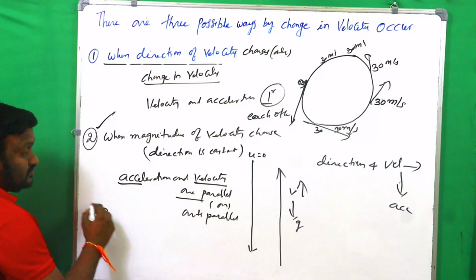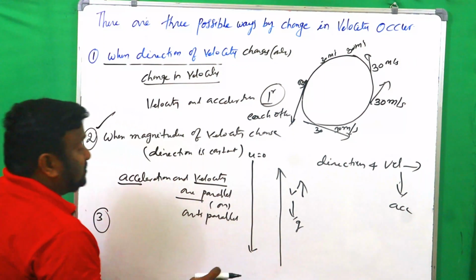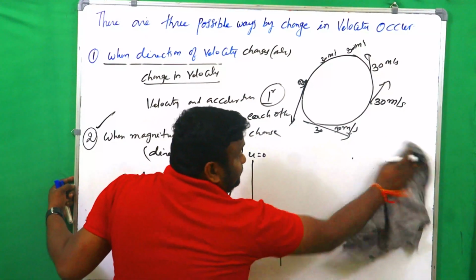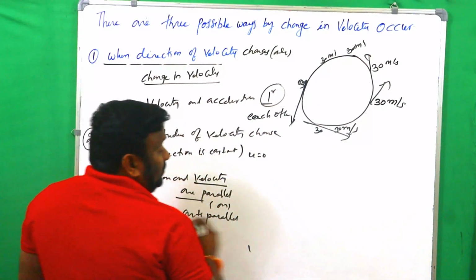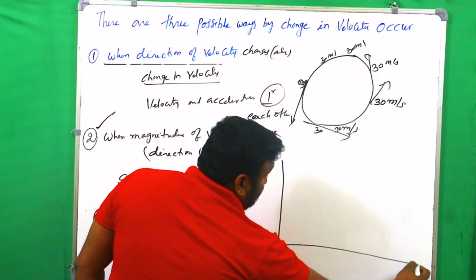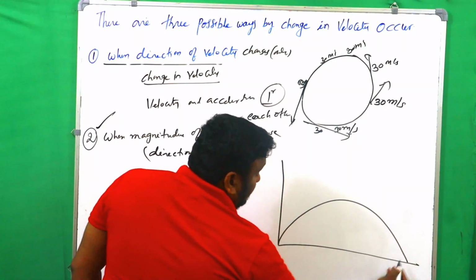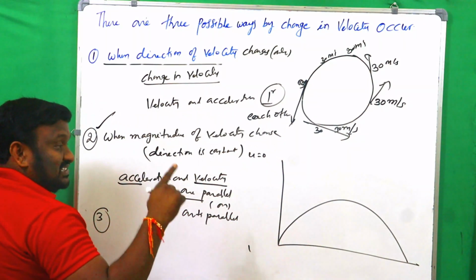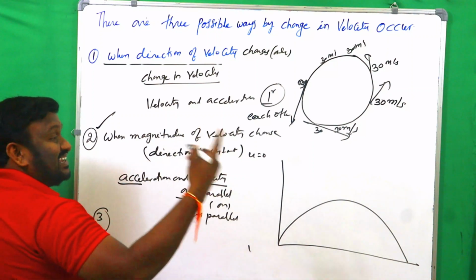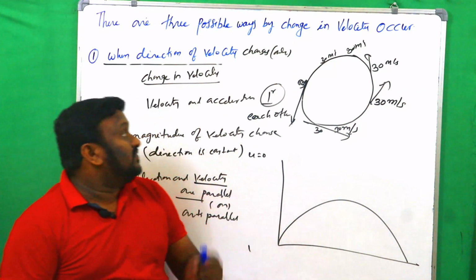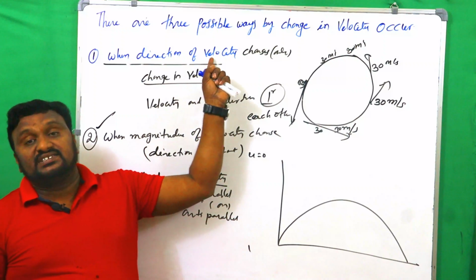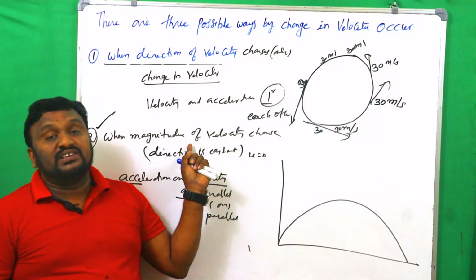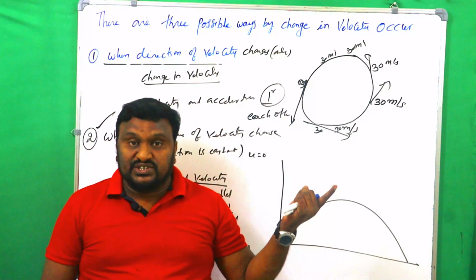And the third one, in case of projectile motion of a body, in this case the velocity magnitude changes and the direction also changes. For the first time, what we considered was only direction changes. For the second example, what we discussed was only magnitude changes.